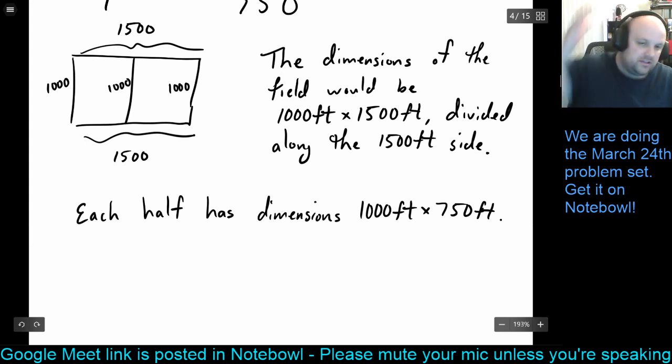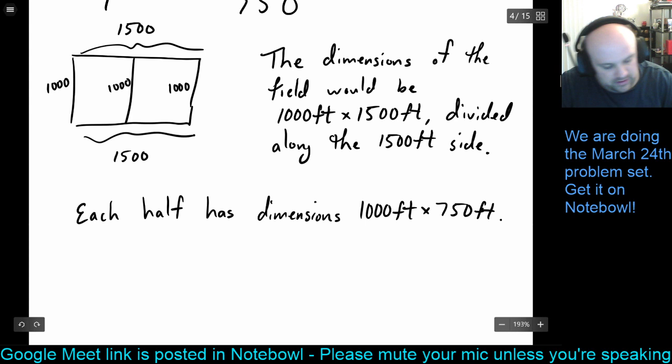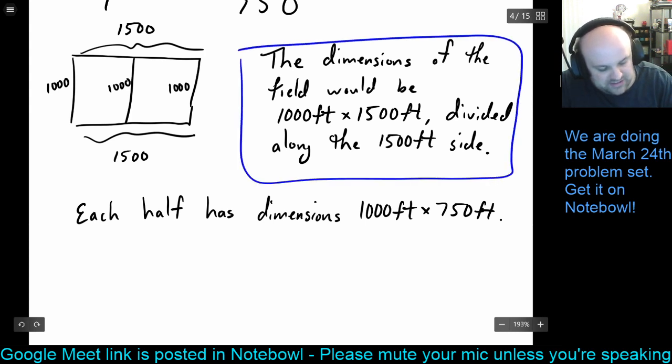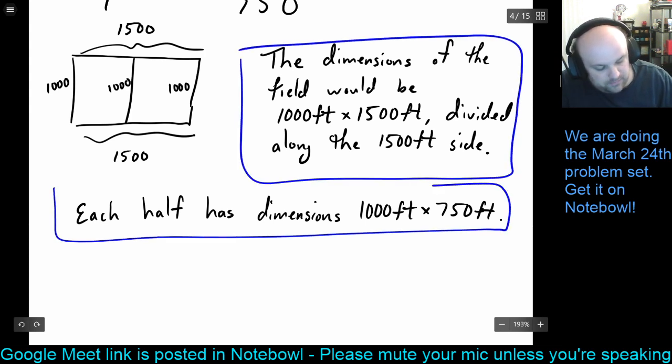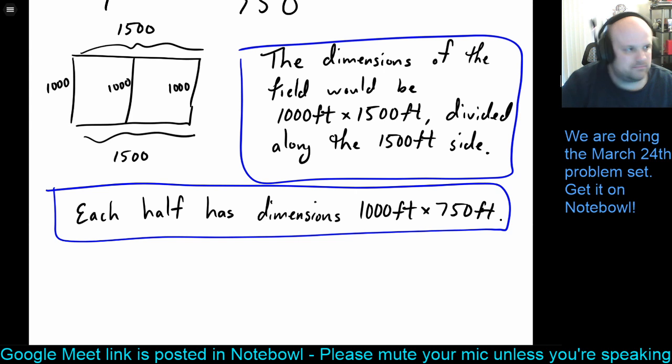Right? So either way you want to write the answer would be fine here, just as long as you're saying how the subfields are divided. Right?